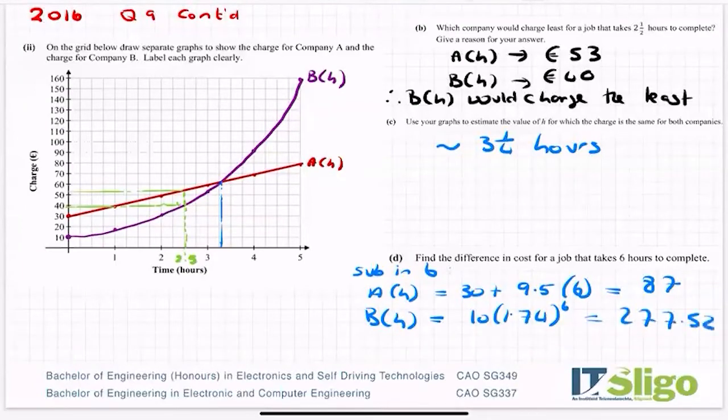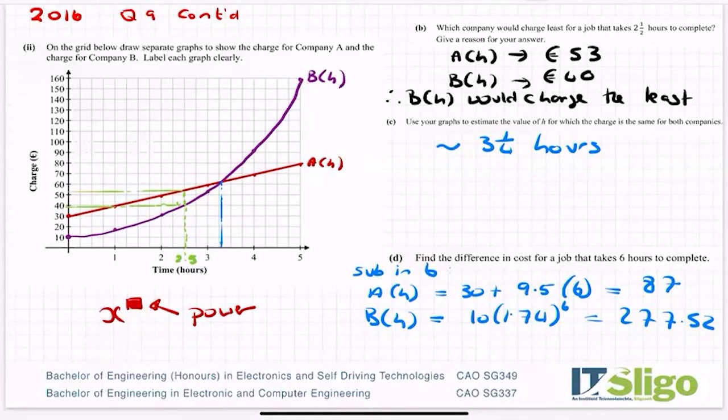277.52. I never did explain the power button and how to put it in. It's the x with the box up here colored in. That's how you put in any power at all. You can see it's up from 9, just under the circle button in the middle, to the right of 9. Once you hit that button, if you go 10 bracket 1.74, close your bracket, then hit that button, you can see that the cursor jumps up so that the next number you put in will be a power.